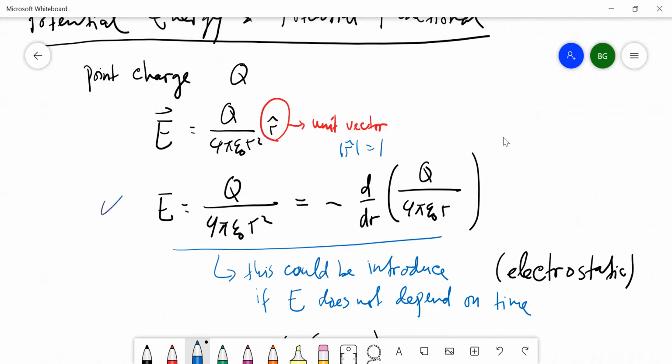Its complete name is the electric scalar potential.